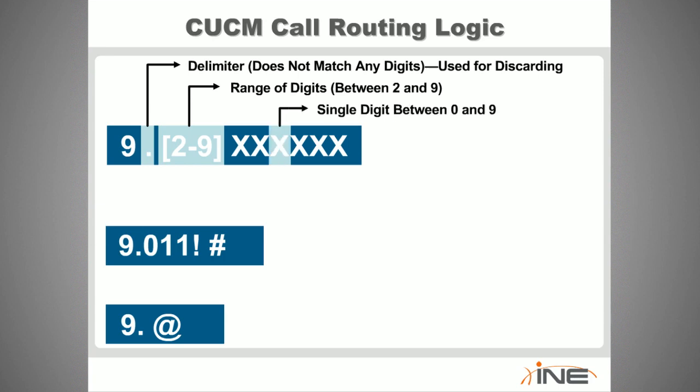Then the rest of the capital X's match any single digit between 0 and 9. It's important to note that they do not match star or hash. Hash, sometimes called pound in the US, sometimes called octothorpe, is actually the proper name for the hash. But these do not match star or hash.